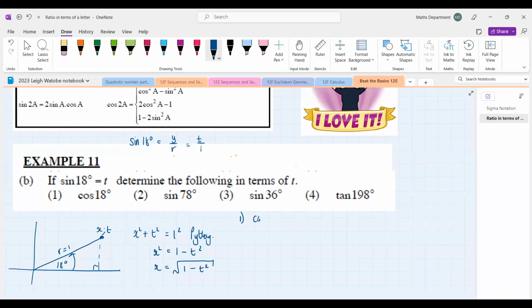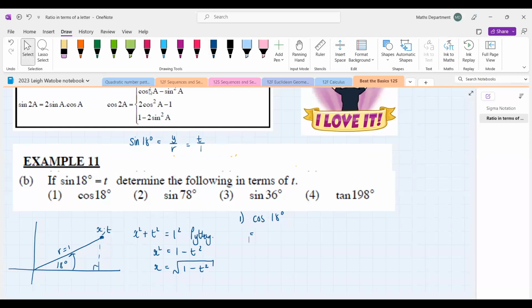The cos of 18 doesn't require anything other than Pythagoras to work out the answer. The cos of 18 in this case would be equal to what, Matrix? You can unmute and tell me what it would be equal to in this case. Katleho, go for it.